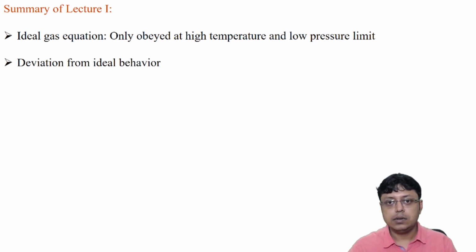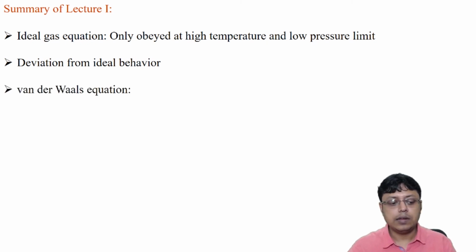Secondly, we discussed the deviation from the ideal behavior. There we discussed two main experiments, the variation of the compressibility factor with pressure as well as the isotherms for the real gases, which are known as Avogadro's curve and Andrews curve respectively.